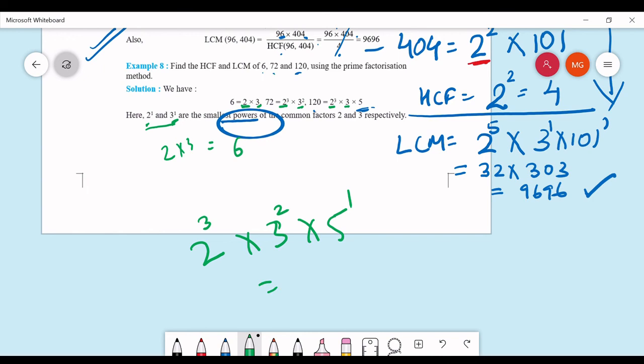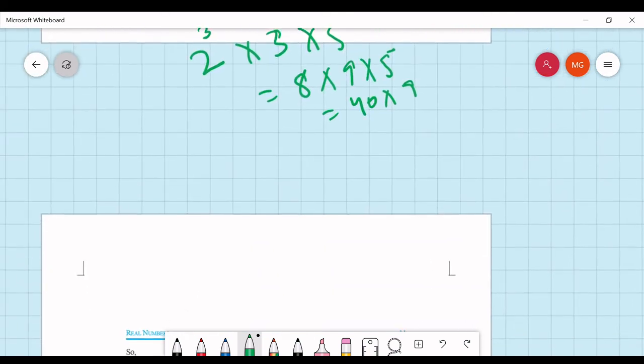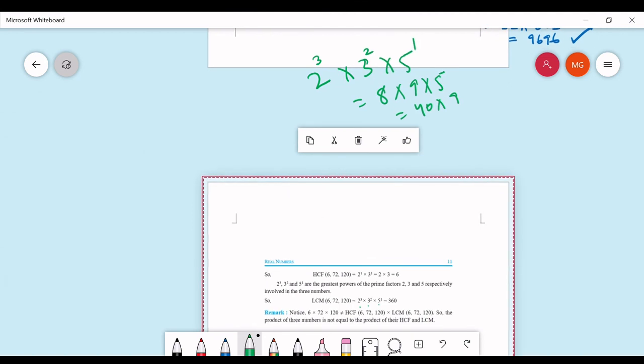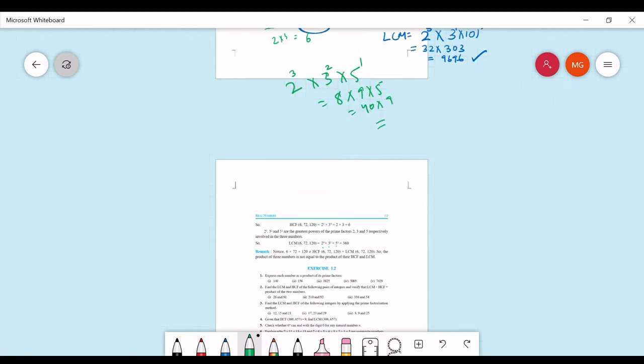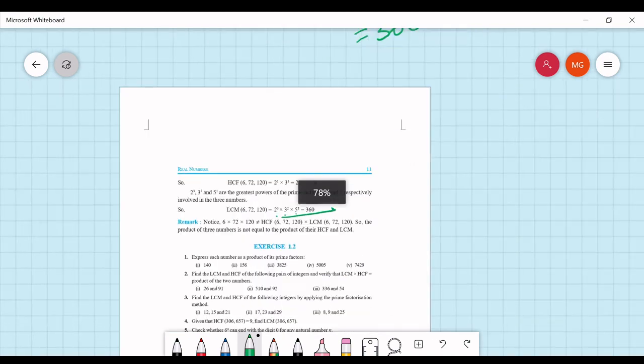So 2 to power 3 is 8 and 3 to power 2 is 9, and this is 5. So 40 multiplied by 9, you will be getting 360 as the LCM, right? Here it is written.